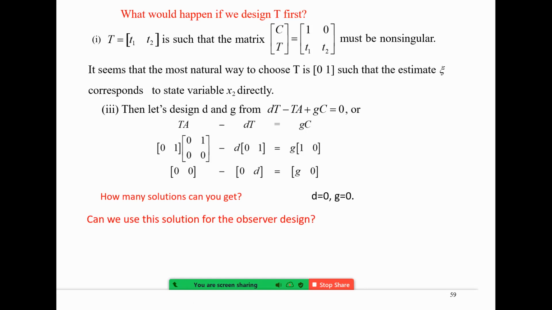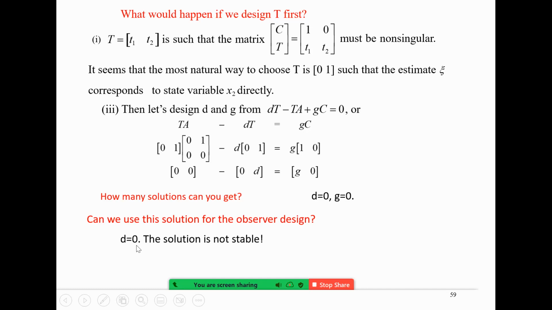But look at this solution. Can we use this solution for our observer design? What is the problem? Do you have a problem with G? Do you have a problem with D? Do you see the problem? D is 0. Is that stable? We cannot put a 0. D cannot be 0.